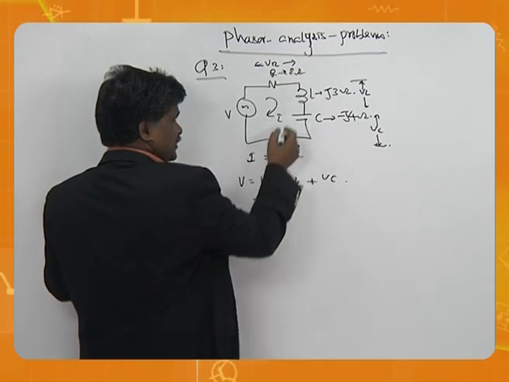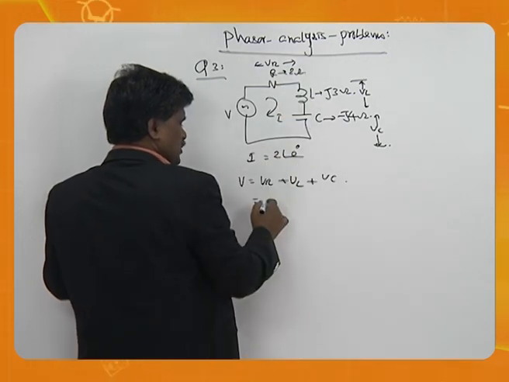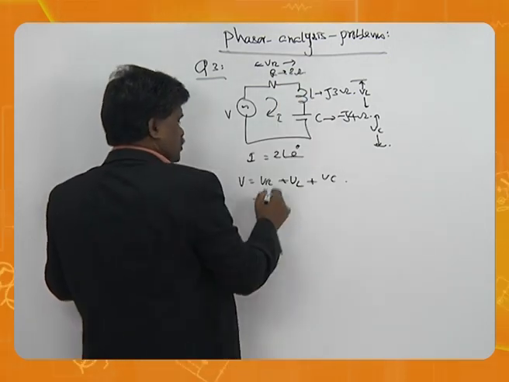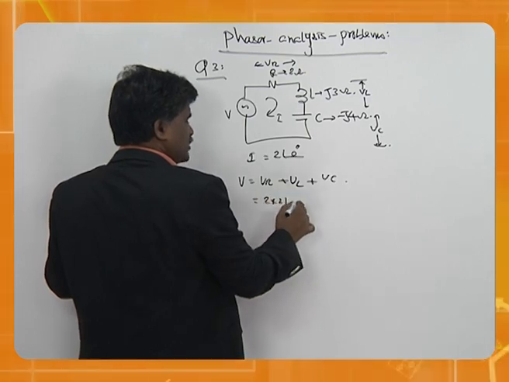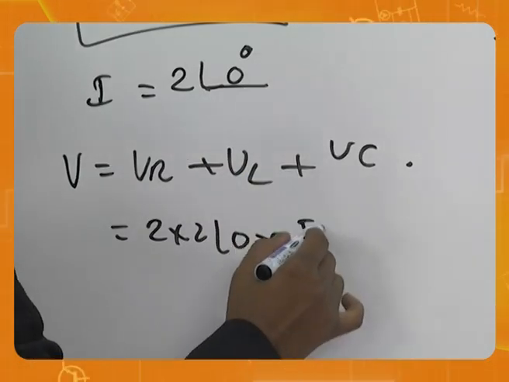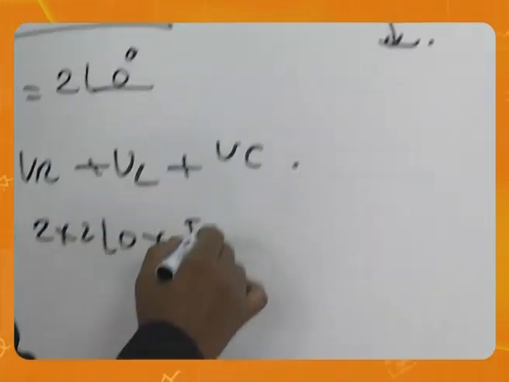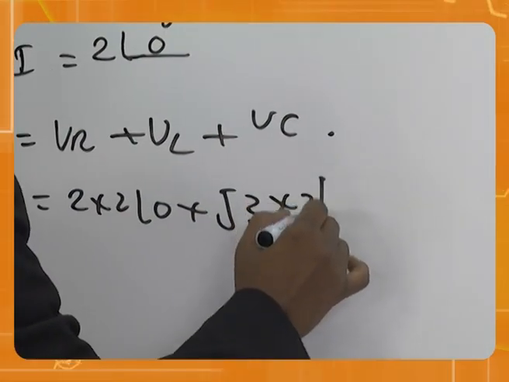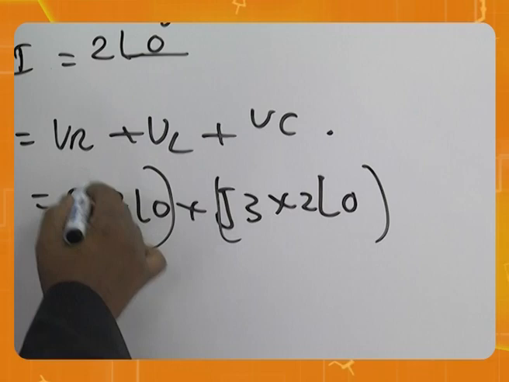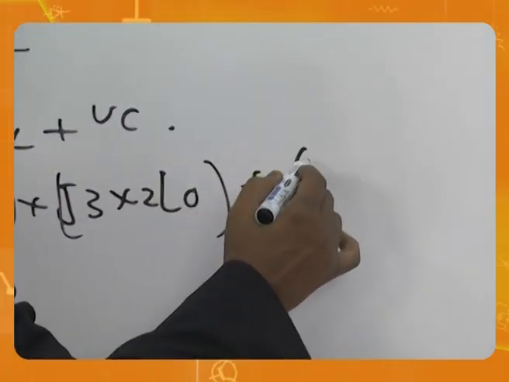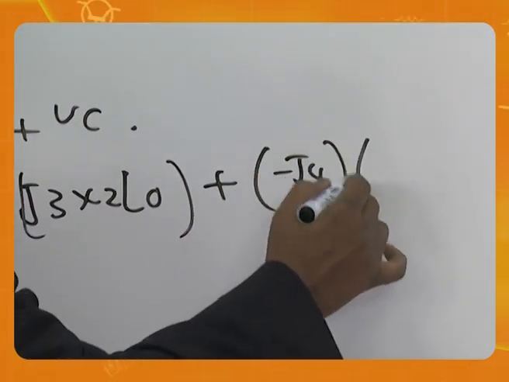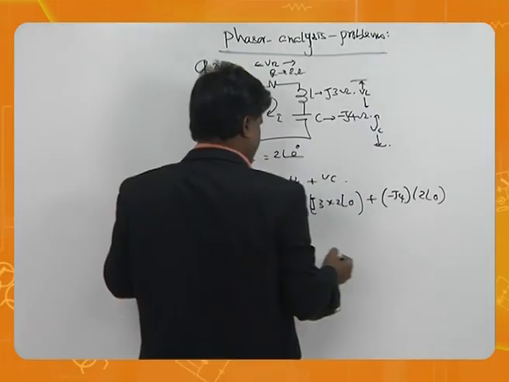Let us calculate I into 2. So this is 2 into 2 angle 0, plus j3 into 2 angle 0, plus minus j4 into 2 angle 0.